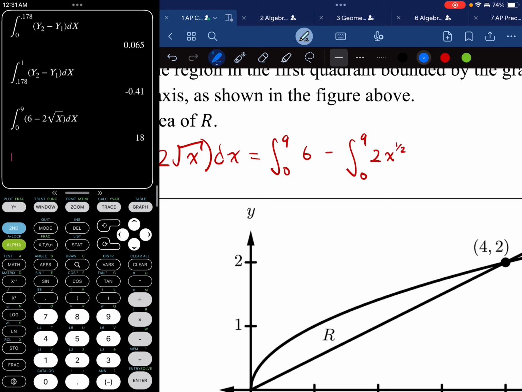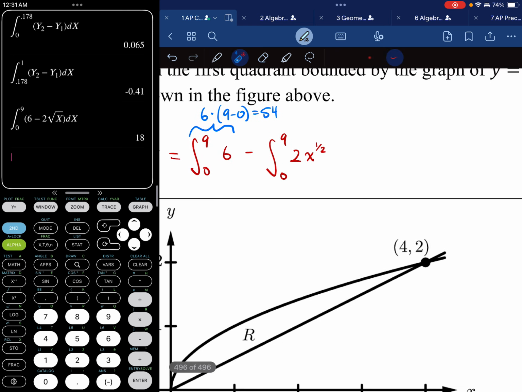This first integral is kind of nice. Whenever you have the integral of a constant, remember our trick, it's that same constant times the bounds subtracted, 9 minus 0, which is really just 6 times 9, which is 54. This is the one where we actually need a little bit of calculus.